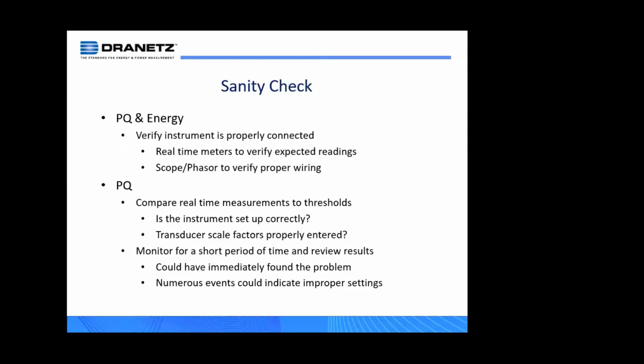The other thing too, it also indicates if you have improper instrument settings. One of the most common that you would have is the transient triggers. That's the threshold settings for subcycle events. Detection of sags and swells, that's all pretty straightforward.